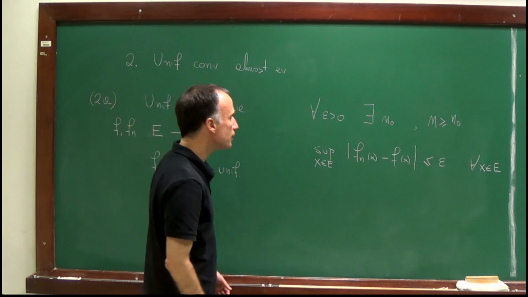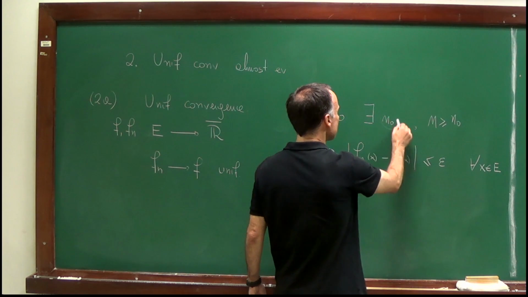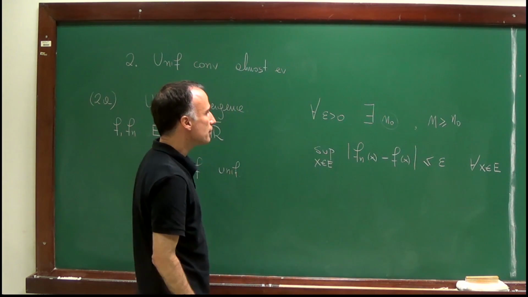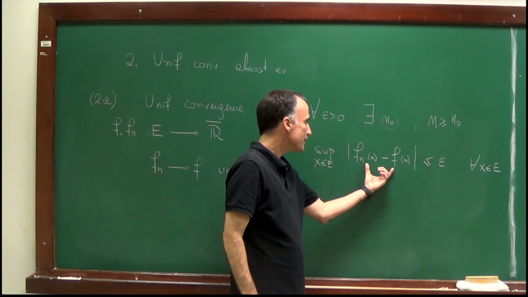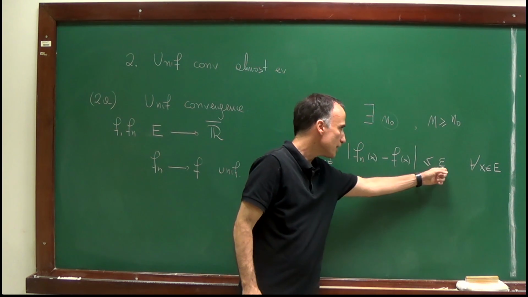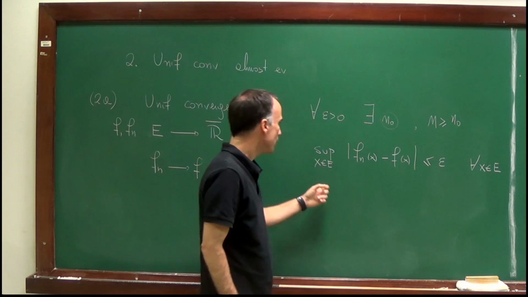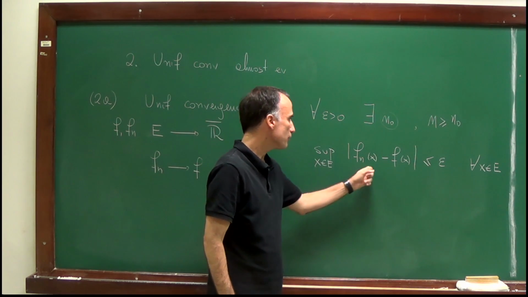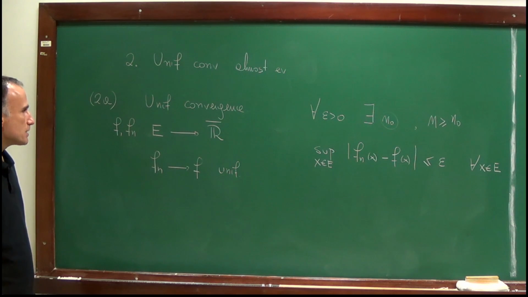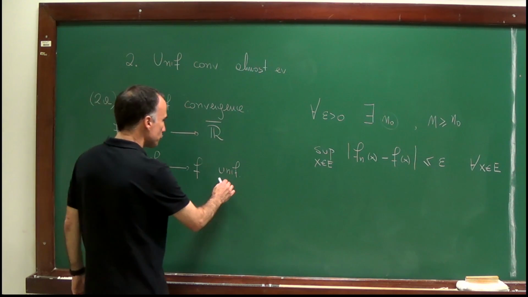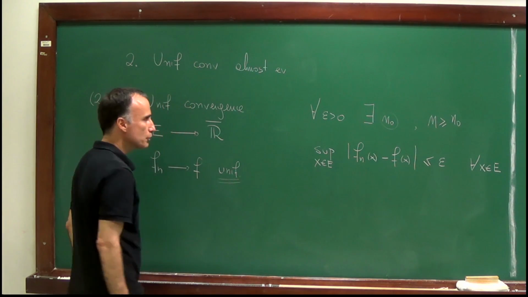So what's important here is that we can find an integer n_0 for which this distance is bounded by epsilon uniformly over all points x. So this is what we understand by uniform convergence.